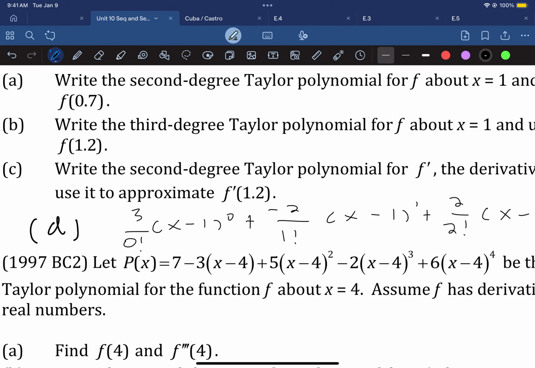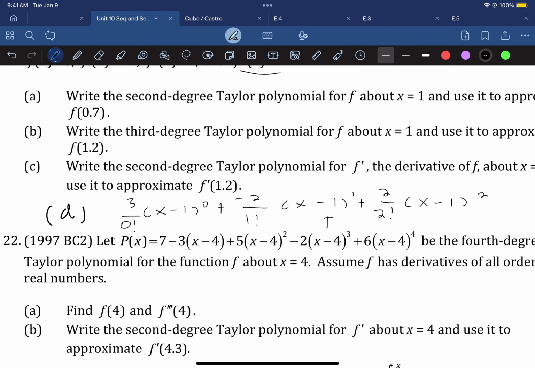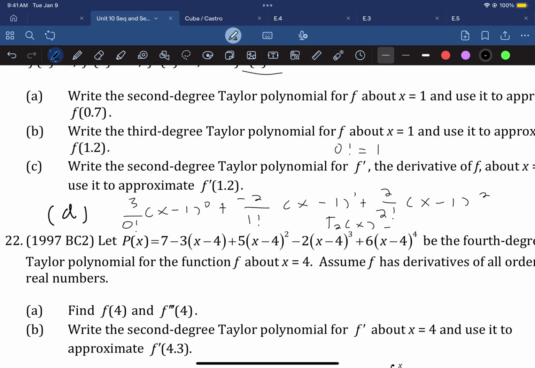So let's simplify this. So we have a function T2 of x, and first of all, we must know that 0 factorial is defined as 1, just like 1 factorial. So this is 3 over 1 times x minus 1 to the power of 0, which is just simply 1. So our first term is simply 3.